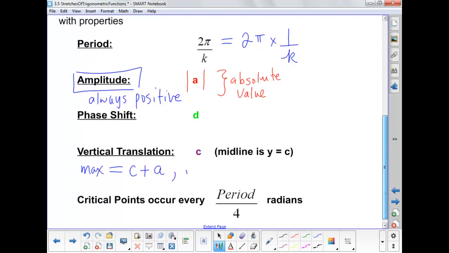Similarly, for the minimum, I start at the middle of my function, c again, but subtract the amplitude, and that puts me at the lowest point my function reaches. Those two formulas are going to be useful when we get to graphing momentarily.